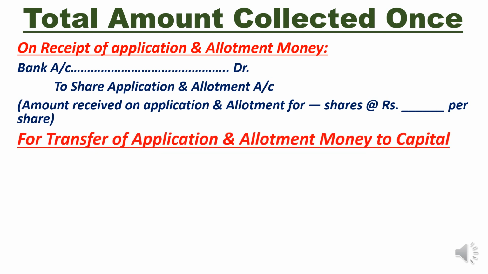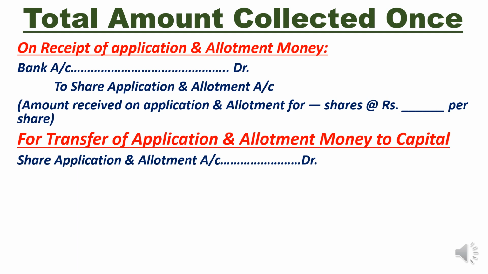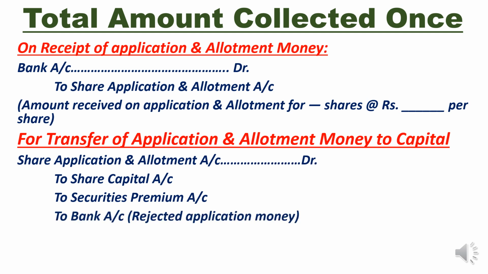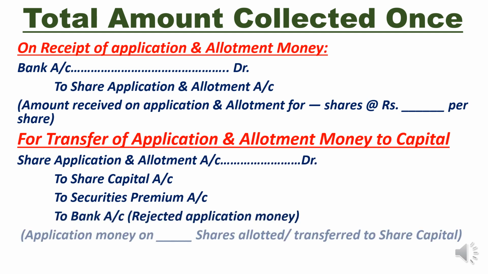Then the next entry is for transfer of application and allotment money to share capital account. The share application and allotment account will be closed by debiting it. So the entry is share application and allotment account debit to share capital, to securities premium, to bank. Then the narration. Share capital, we will transfer the amount to share capital.